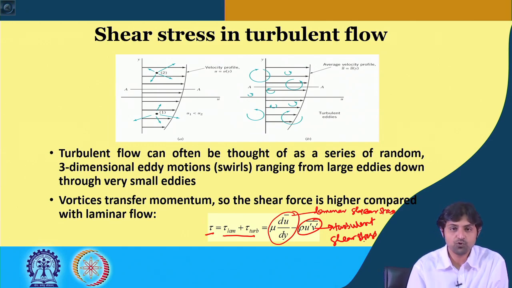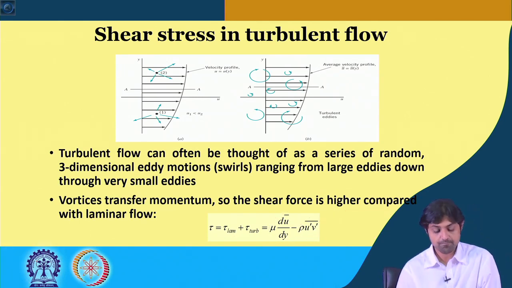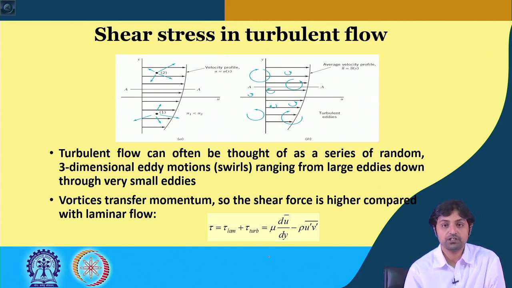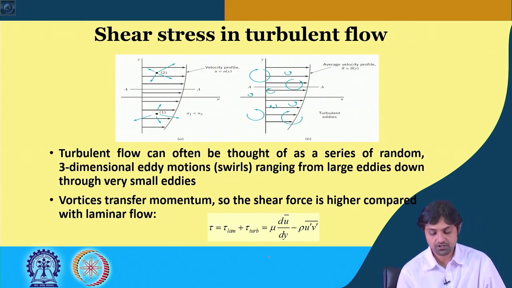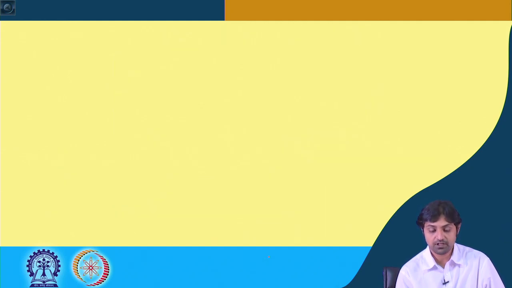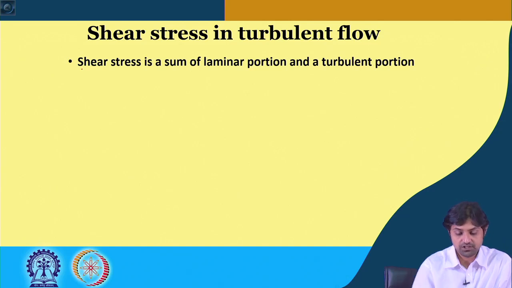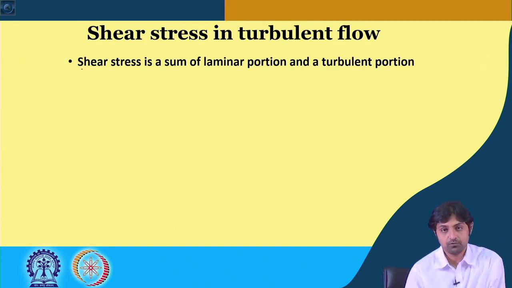We shall go into more detail when we study the modules of viscous fluid flow and computational fluid dynamics about rho u dash v dash. They are called Reynolds shear stress. Therefore the shear stress in a turbulent motion is much larger than in laminar flow. As I said, the shear stress is the sum of a laminar portion and a turbulent portion.